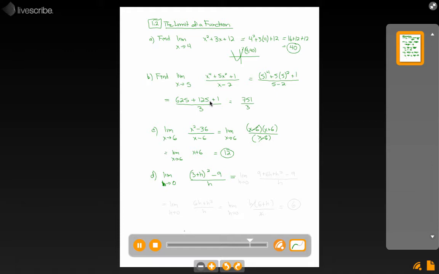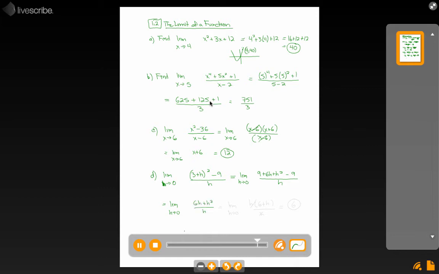But if I keep going with this, limit as h approaches 0, the top I can at least expand out and say, well, this would be 9 plus 6h plus h squared. I still have minus 9 over h, which puts me to have the limit as h approaches 0 of 6h plus h squared over h.